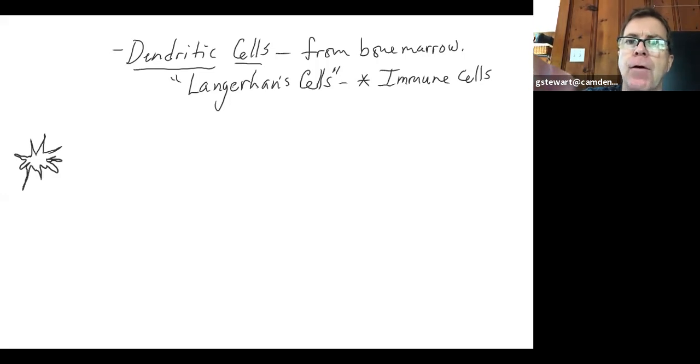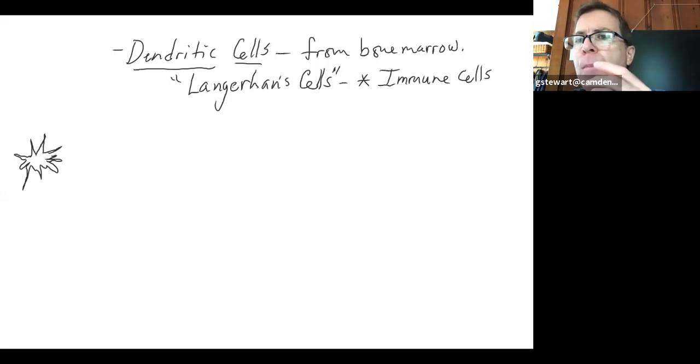And they hang out in the upper layers of our dermis. What they do is capture any bacteria or foreign microorganisms that penetrate through our skin.